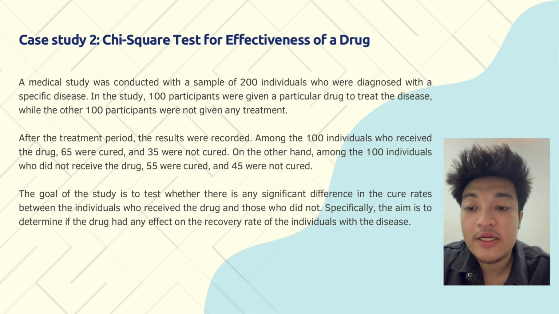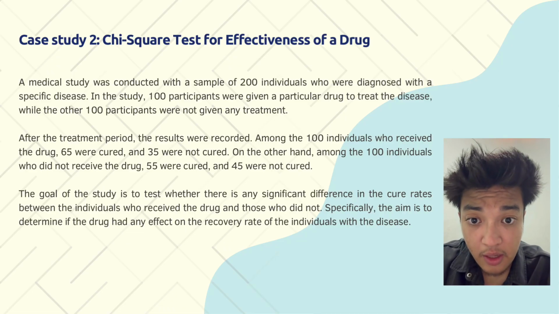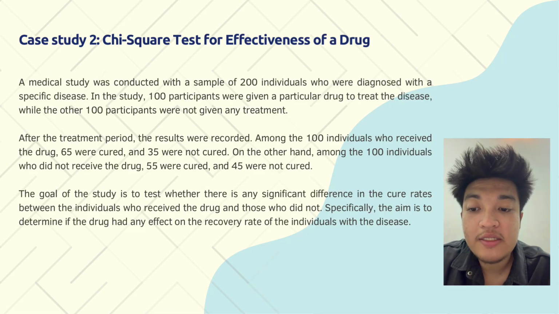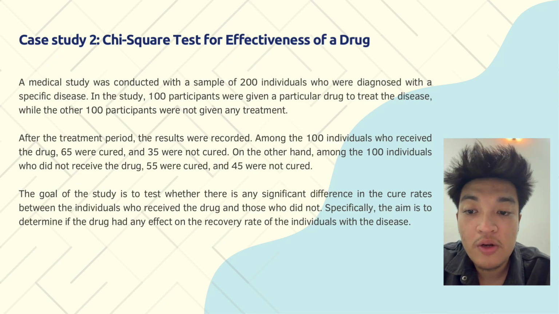Moving to case study 2, we will be looking at how we can use a chi-square test to evaluate the effectiveness of a medical drug. In this scenario, a medical study followed 200 individuals diagnosed with a specific disease to see if the treatment actually works. The participants were split evenly, 100 individuals were given the drug while the other 100 received no treatment at all.